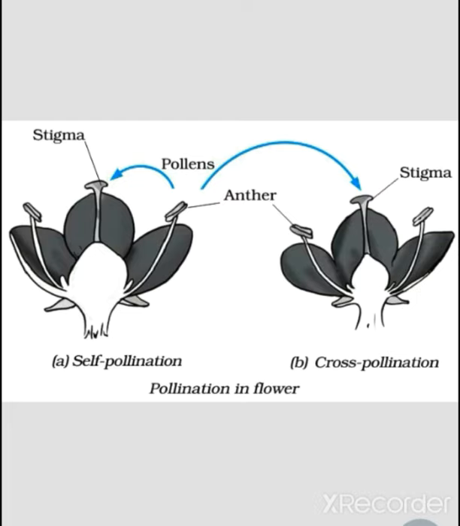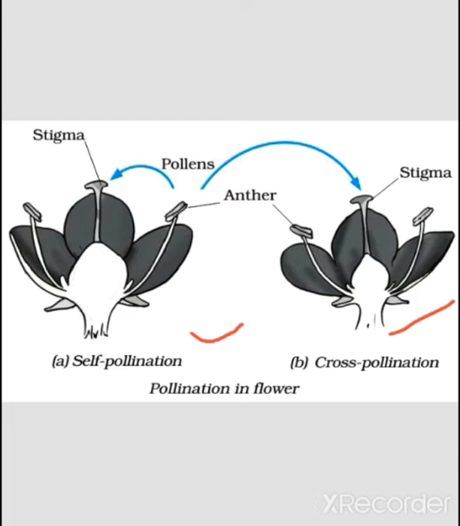So now I am going to tell you about the types of pollination. There are two main types of pollination, that is self pollination and cross pollination. As you can see in this diagram, this is the diagram of self pollination and this is the diagram of cross pollination.